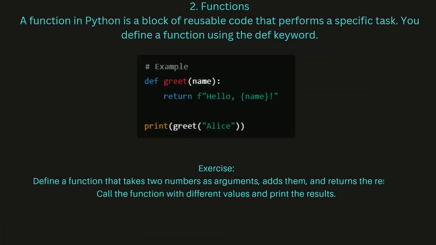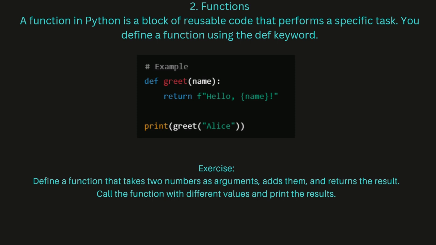And a function in Python is a block of reusable code that performs a specific task, and you define a function using the def keyword. In my project I created functions that handle specific parts of timetable generation, like assigning dates and checking conflicts.